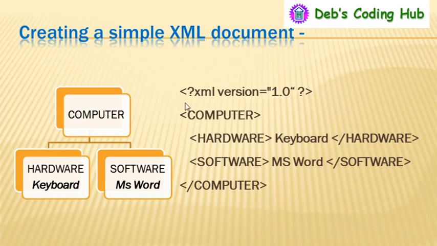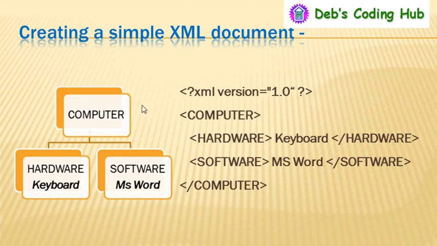It is written like angular bracket opening, question mark, xml in small letters or lowercase characters. Then version is also in lowercase characters, then equals to, within double quotes, 1.0 followed by question mark and closing of angular bracket. As you know, XML is a case sensitive language. It must be written in lowercase.